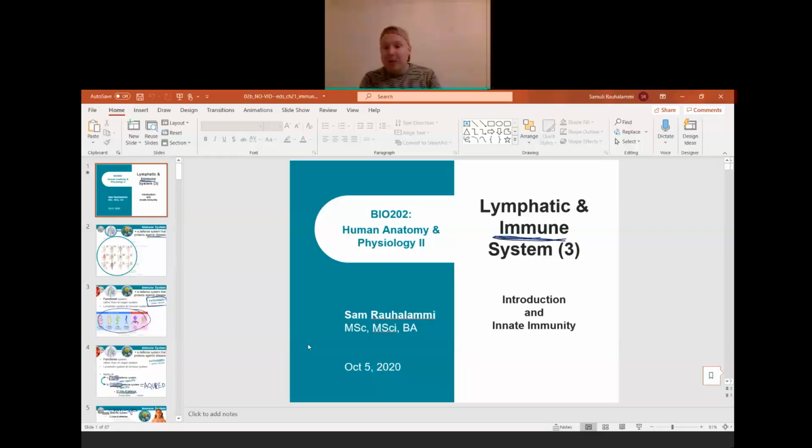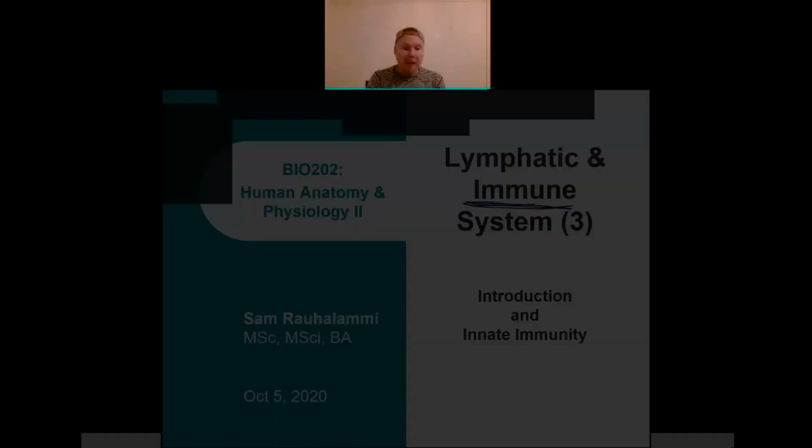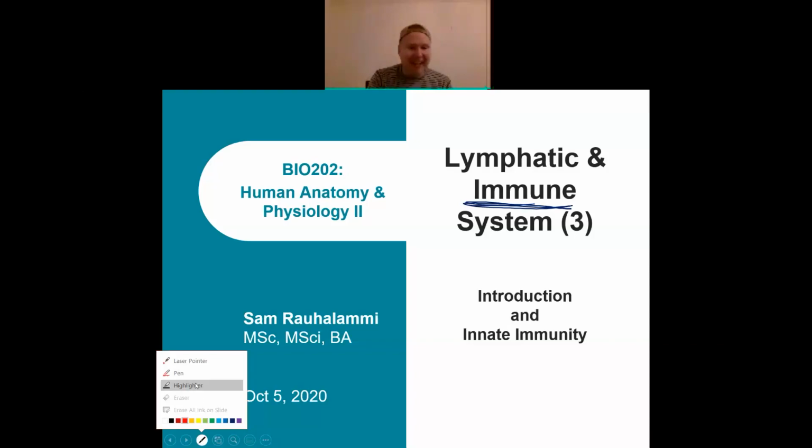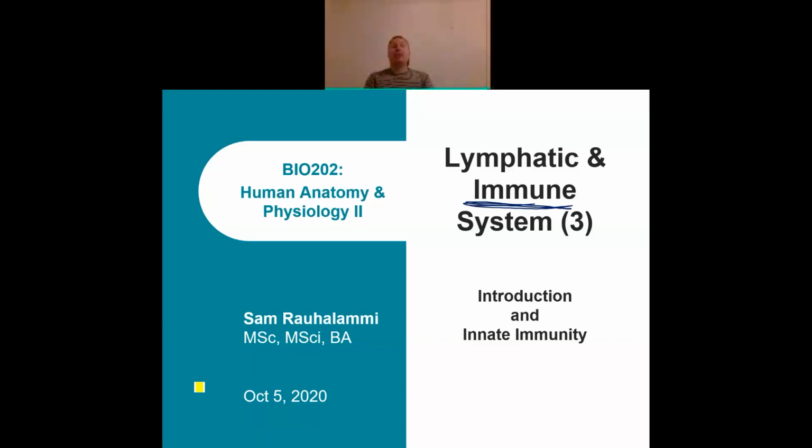There are no structures like before where we could point out that this part and that part do this or that. The immune system is pretty much fully physiology. It just does things, but we don't really have structures as such that we can highlight, saying it's located here and there.